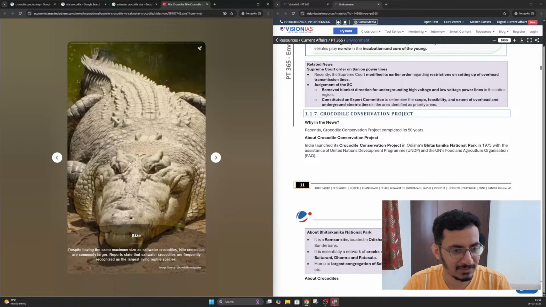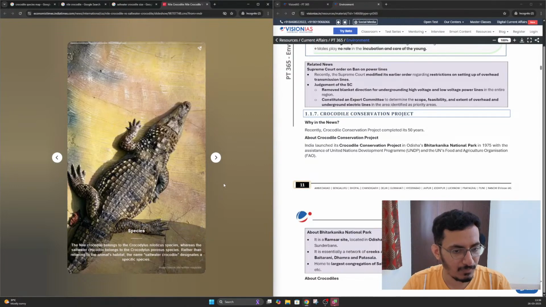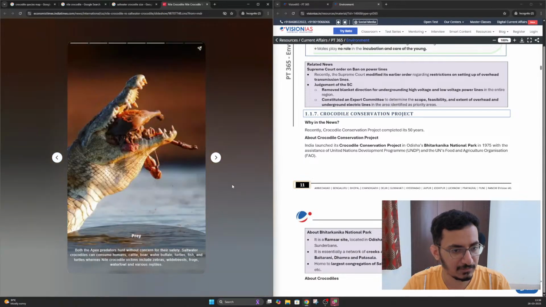Then how can they have the same maximum size? If Nile crocodiles are commonly bigger and they have the same maximum size, then saltwater crocodiles cannot be the largest living reptile species. I think there is some mistake here. Crocodylus niloticus and Crocodylus porosus, the saltwater crocodile. Sub-Saharan Africa, Southeast Asia.